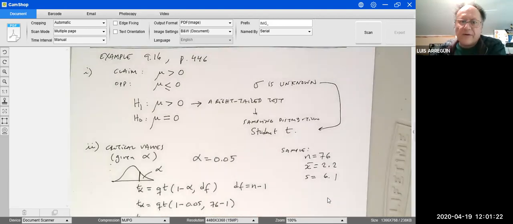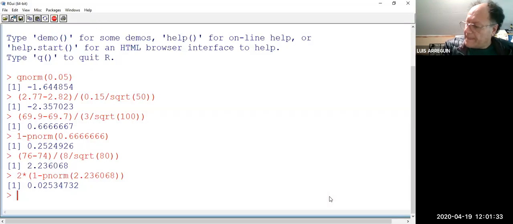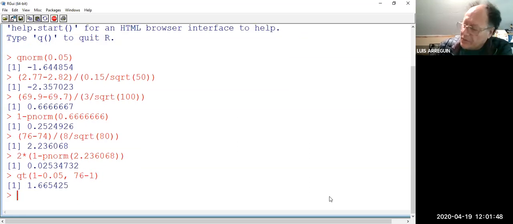So for my T alpha, I need to go and work in R. We're going to have Qt of 1 minus 0.05, comma, 76 minus 1, and we're going to obtain 1.6654. So that's the critical value.